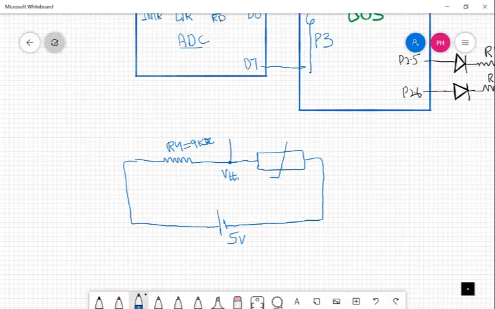This goes as an input to our ADC, and it is known as the ADC's input, V in plus. The ADC has another input that's known as V in minus.